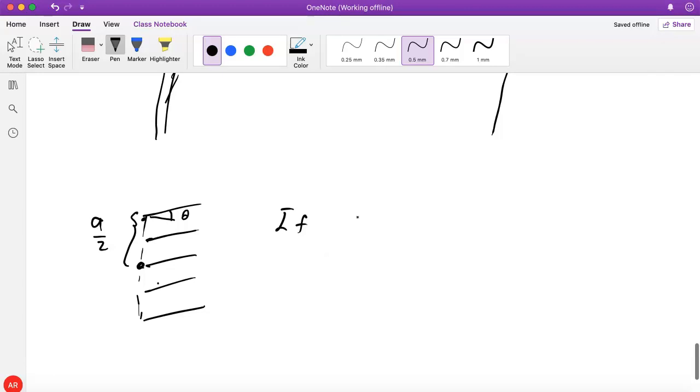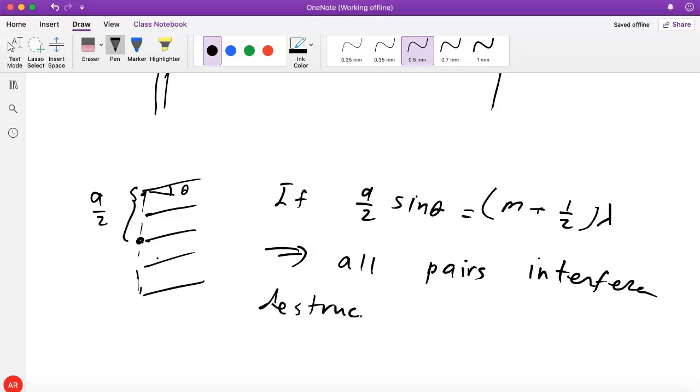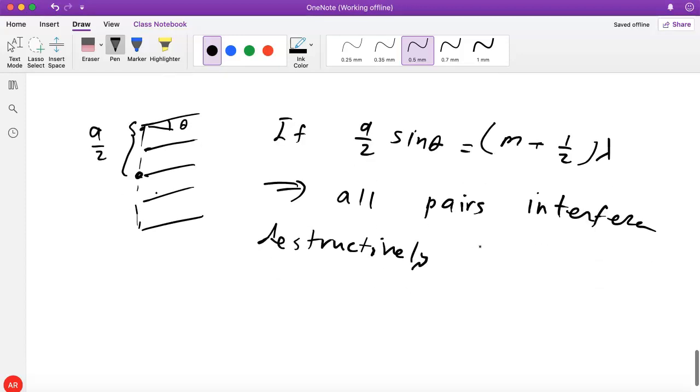So if I have a over 2 sine theta equal to m plus a half times lambda, then all pairs interfere destructively, and that gives me a dark fringe.